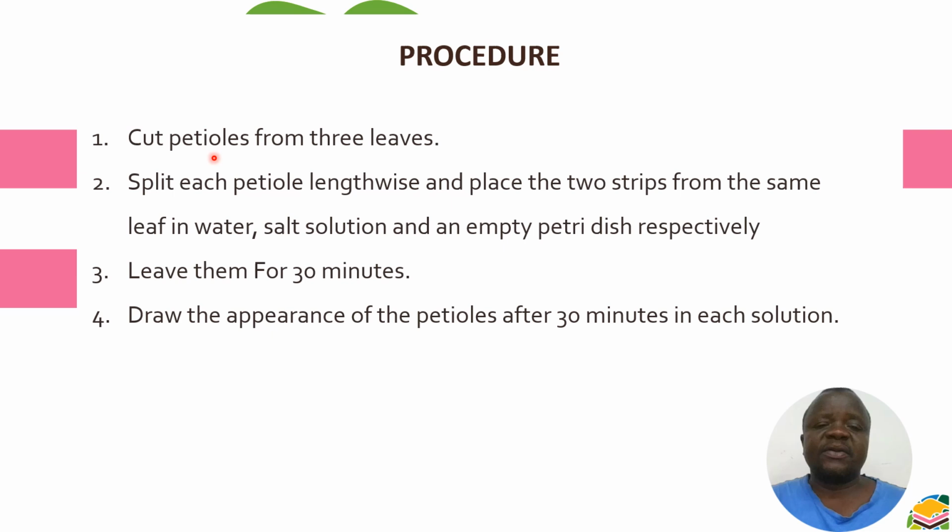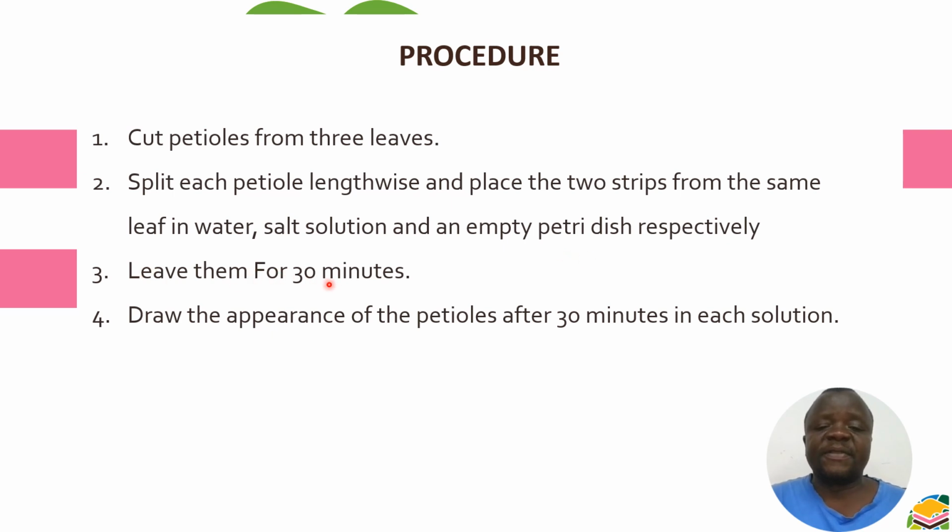Now, number one, you cut petioles from three leaves from purpose, for example. Now, number two, you split each petiole lengthwise, you cut along longitudinally, and you place the two strips from the same leaf in water, salt solution, and in another one, an empty petri dish in that order, respectively.